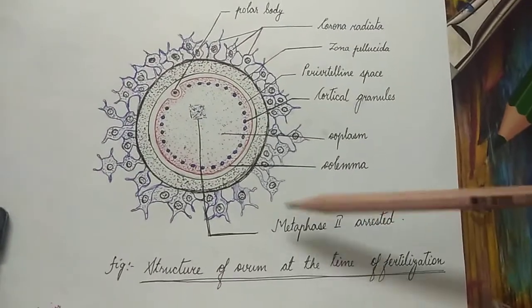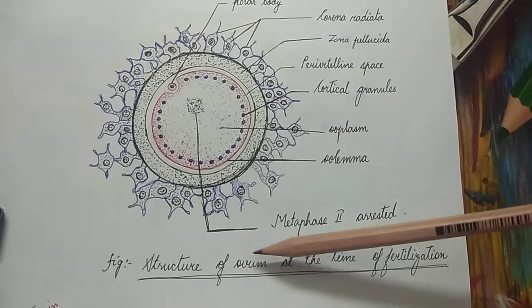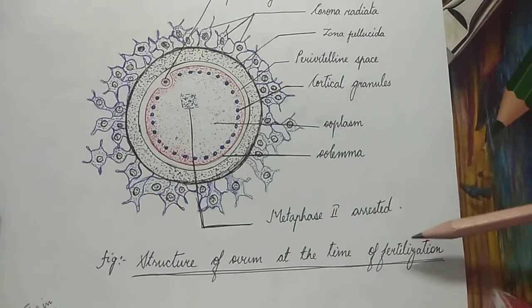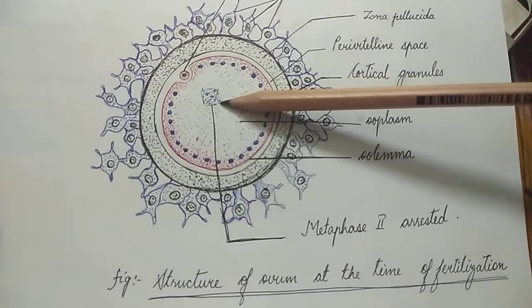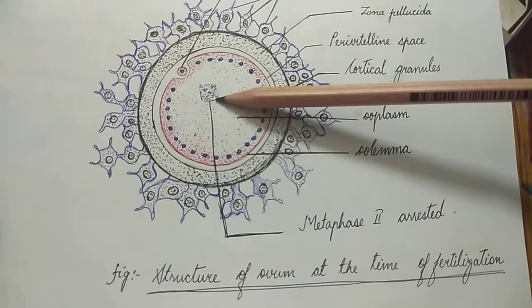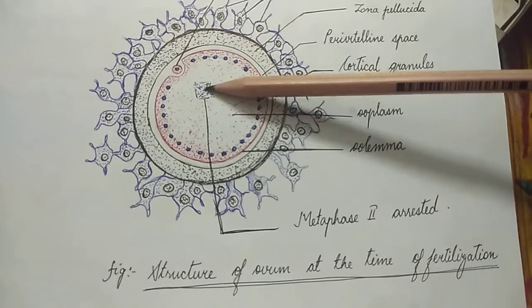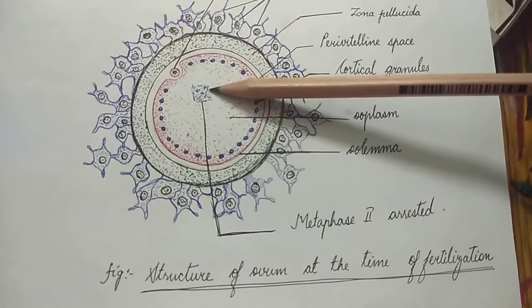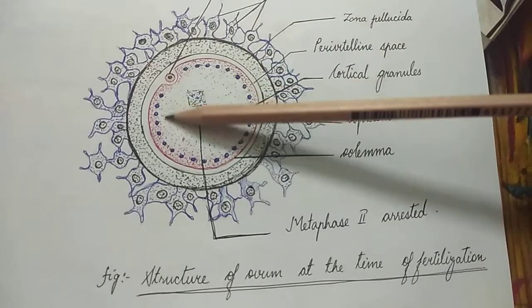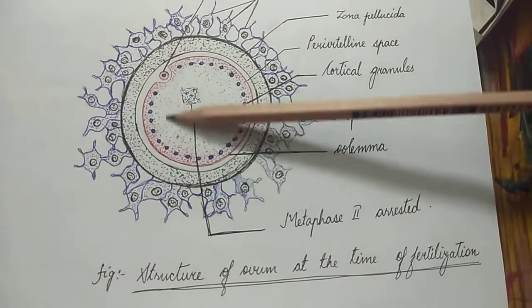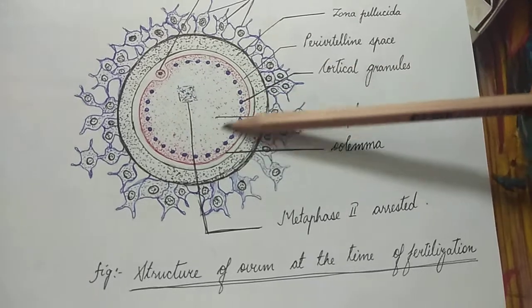Here is the diagram of the ovum at the time of fertilization. Here, we can see that it is at the metaphase II stage, being arrested. This is the secondary oocyte.